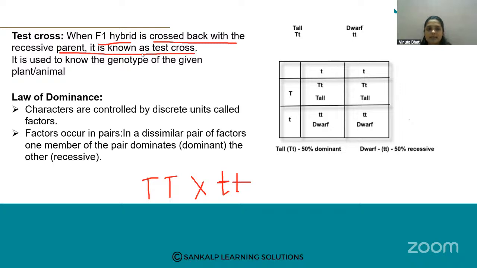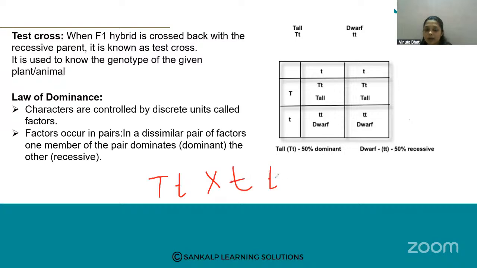It is known as the test cross. So here F1 plants. So you don't know F1 plants are heterozygous or homozygous. Alva. So just take the heterozygous condition, capital T, small t crossed with small t. Okay. So small t is the recessive parent. Capital T, small t and capital T, small t, small t, small t, and small t, small t.